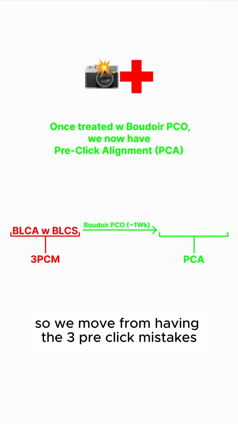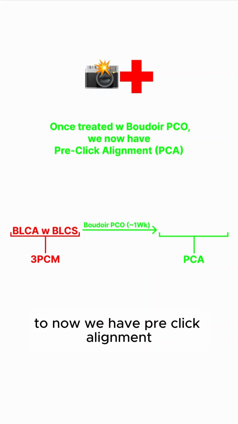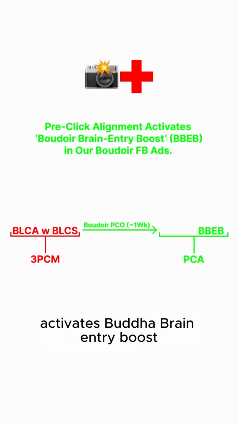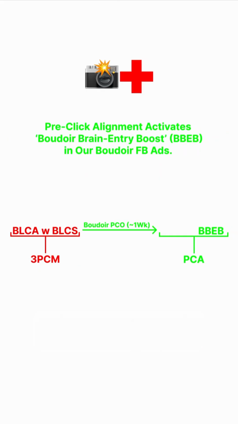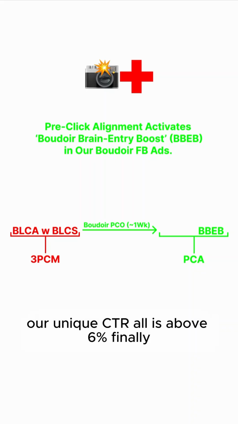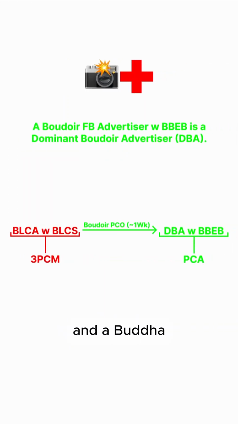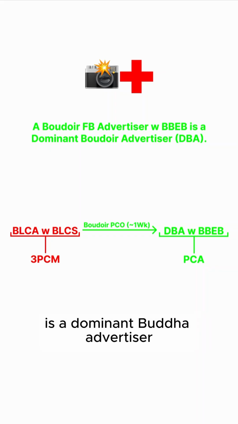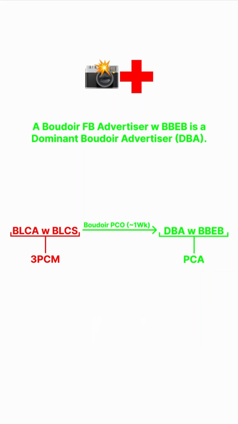So we move from having the 3 pre-click mistakes to pre-click alignment. And pre-click alignment activates boudoir brain entry boost in our boudoir Facebook ads, aka our unique CTR is finally above 6%. And a boudoir Facebook advertiser with boudoir brain entry boost is a dominant boudoir advertiser, a DBA.